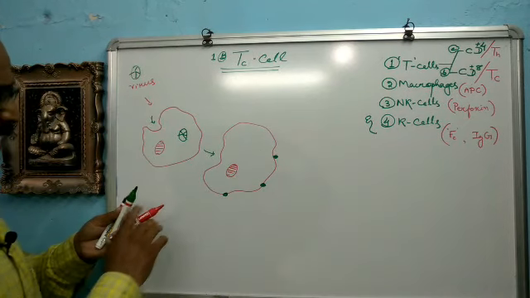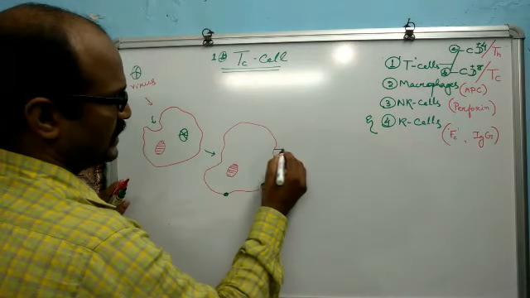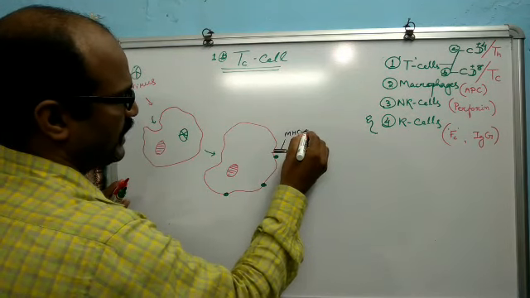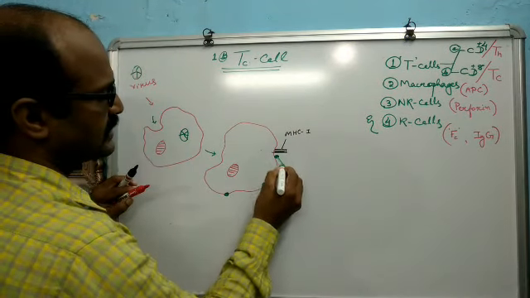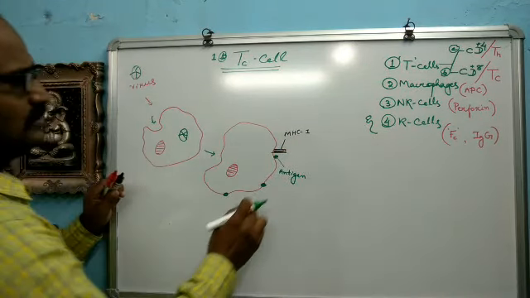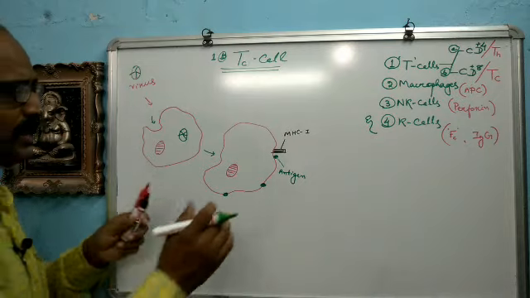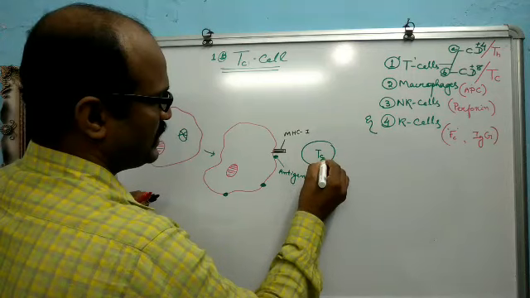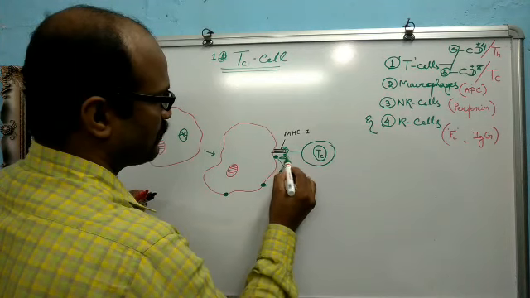If the viral antigen is presented to the other immune cells in association with MHC1 molecule, then it is recognized by cytotoxic cells. So, if the antigen is presented in association with MHC1 molecule, then this antigen is recognized by the T cytotoxic cell by its receptor.